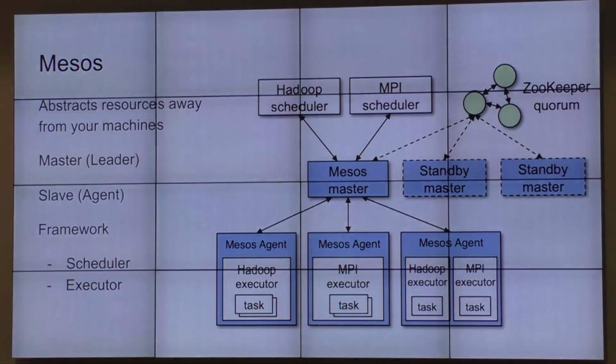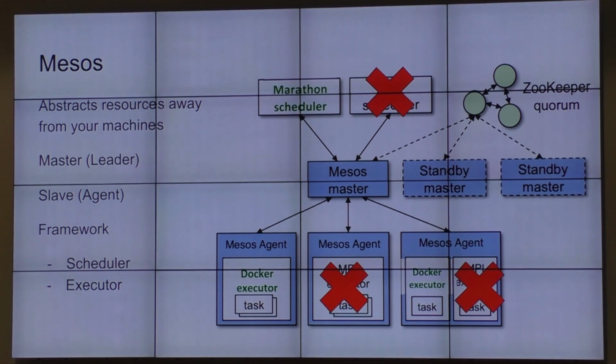The second reason why this image is overly complicated is that there are two frameworks. In our infrastructure, we actually only use one framework, and this is Marathon framework. So I simplified the image like this. We only use the Mesos framework as an executor of our Docker containers.